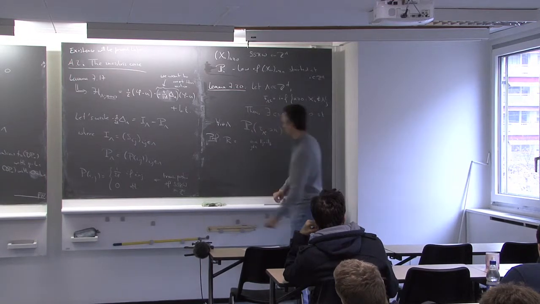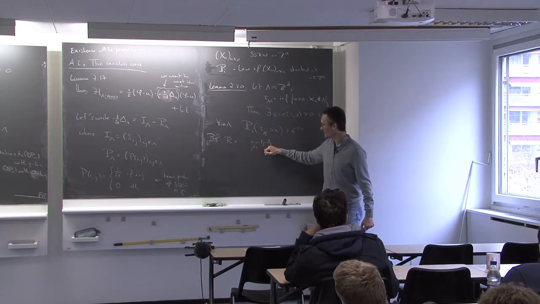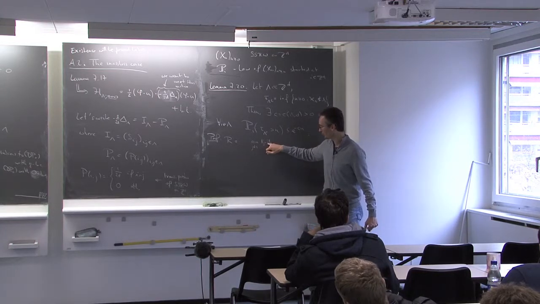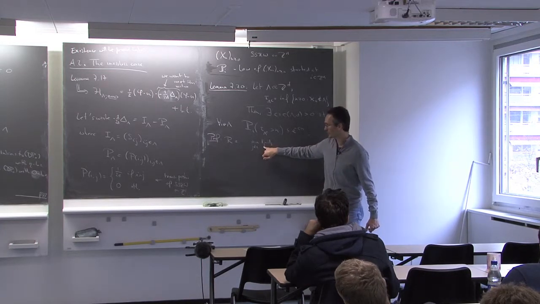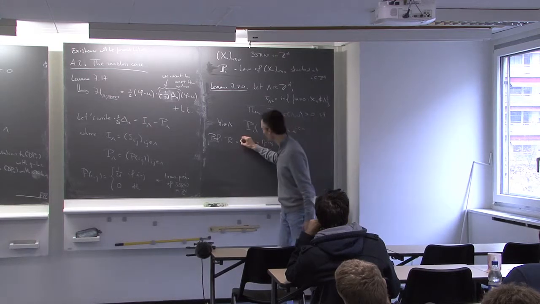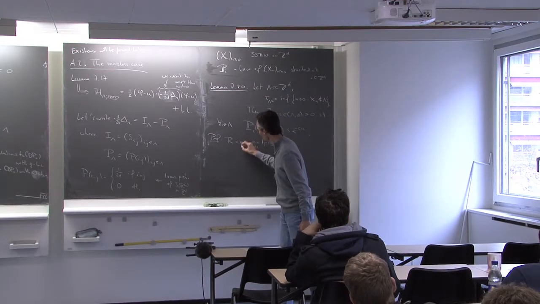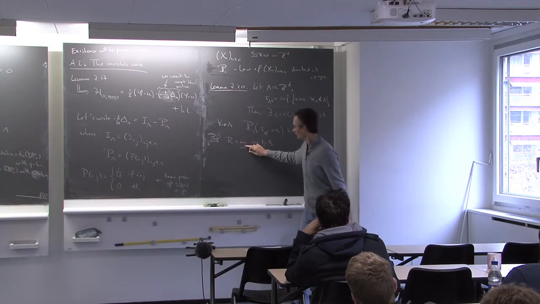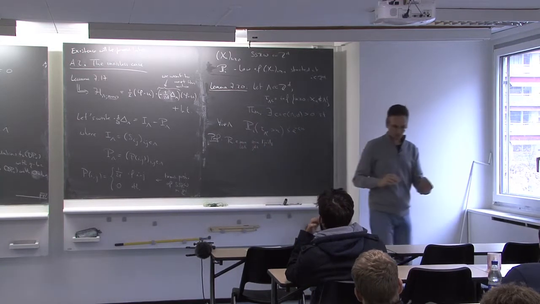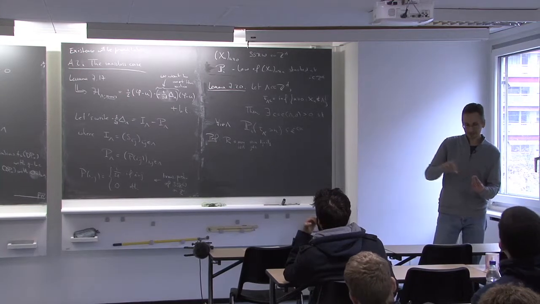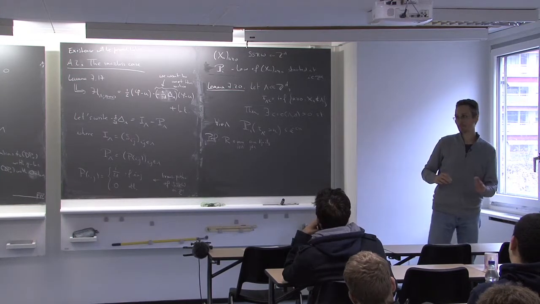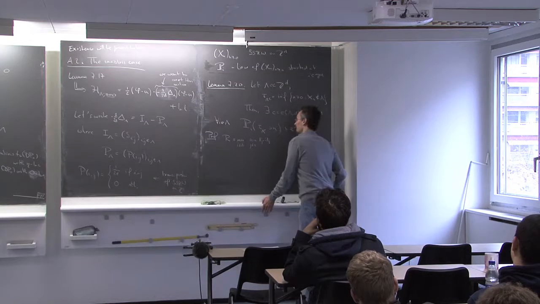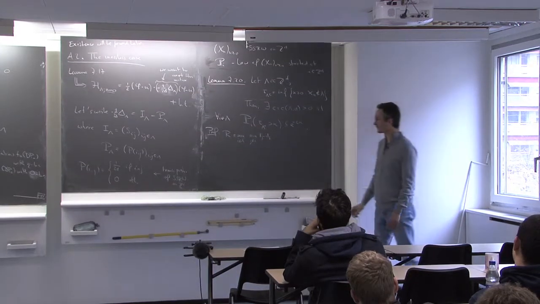That's the minimal distance I have to travel to go from i, which is in Lambda, to j, which is outside Lambda. Then I take the worst of these lengths, so I take the max over i in Lambda. So this tells me that from any point in Lambda, in at most R steps, I can get out of Lambda.